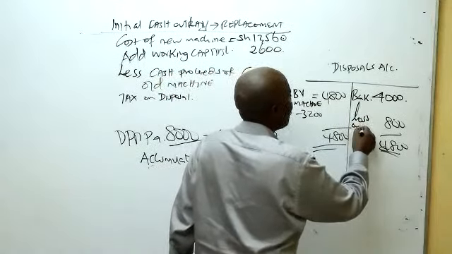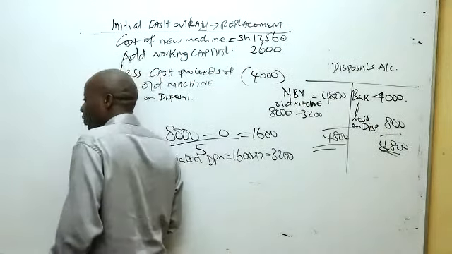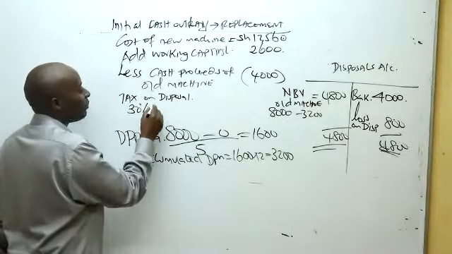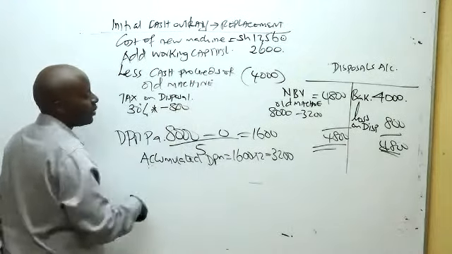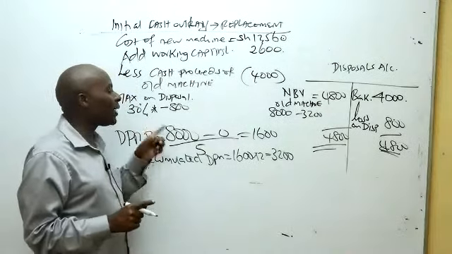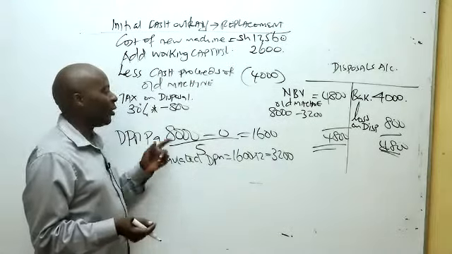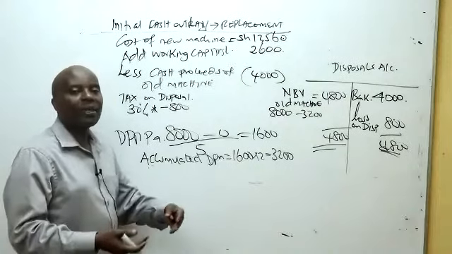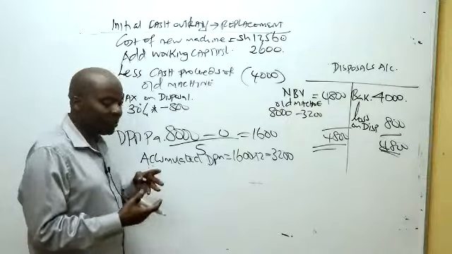So what we shall do, ladies and gentlemen, is to come right away here and take 30% of my loss. My loss is minus 800. Remember, many times I've proven to you that whenever you even get a loss, it will be important for you to tax. You tax a loss, a negative profit. So 30% of minus 800. It's like the taxman is refunding money for you. The taxman is sympathizing with you.